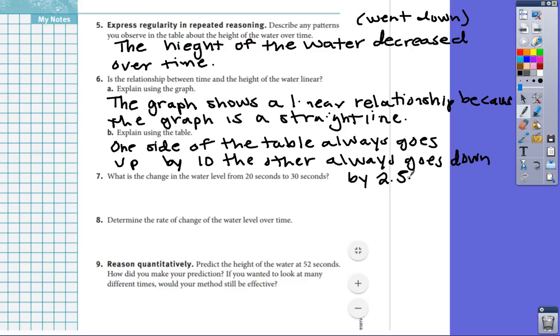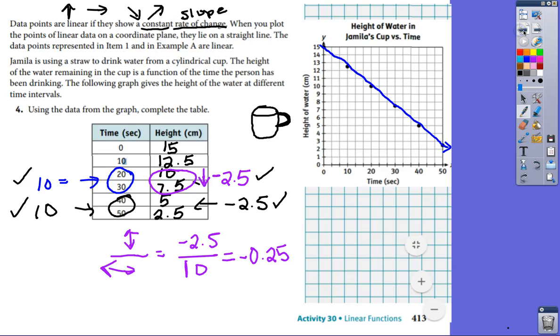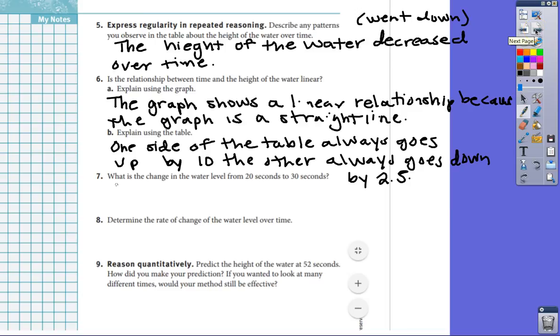Okay, what is the change in water level from 20 seconds to 30 seconds? Well, that's just asking, so we look at our 20 to 30 seconds, it was 10, and it went down 2.5, so we're going to say the water went down 2.5, and what was our label? Centimeters. Determine the rate of change for the level over time.